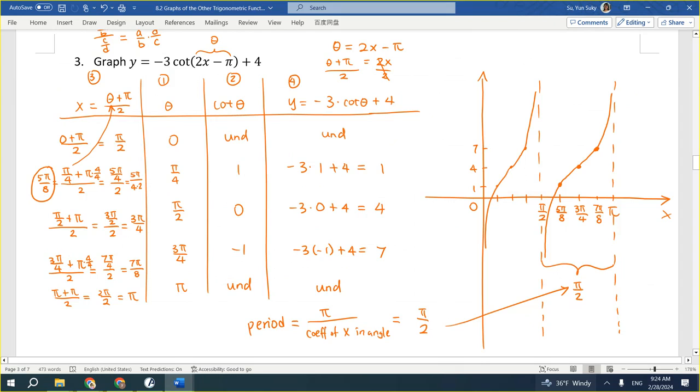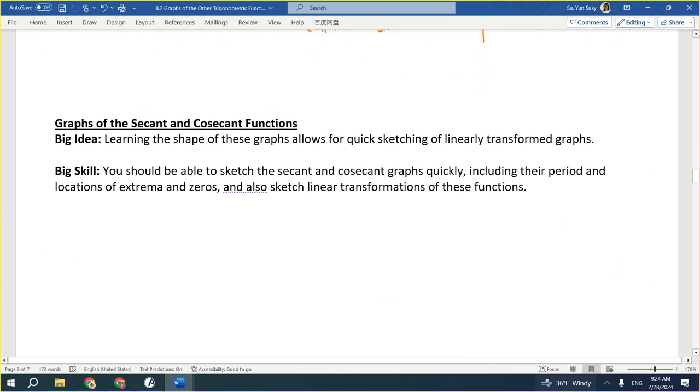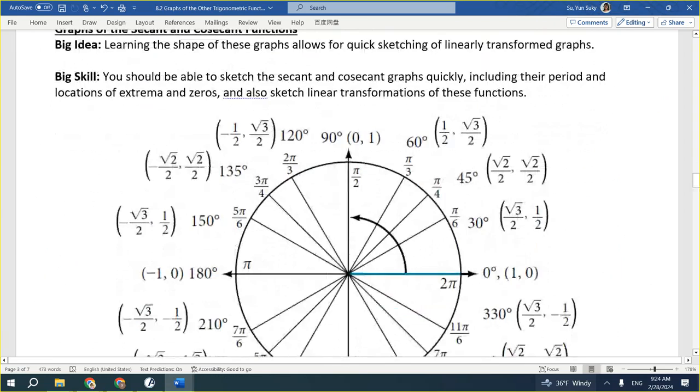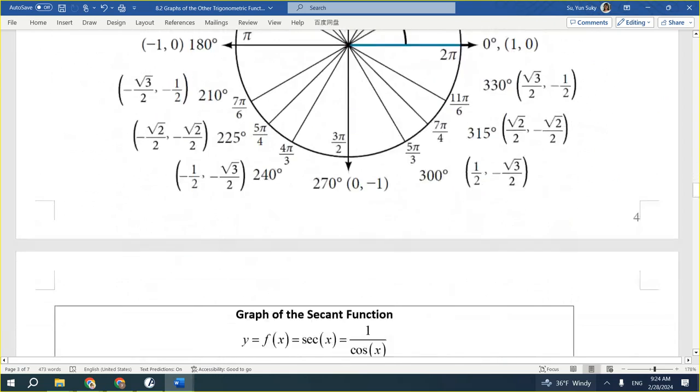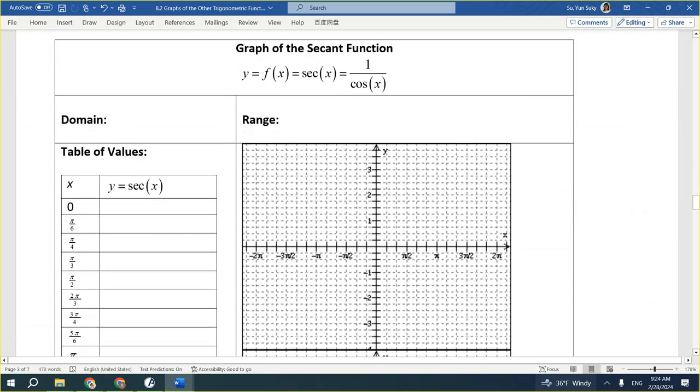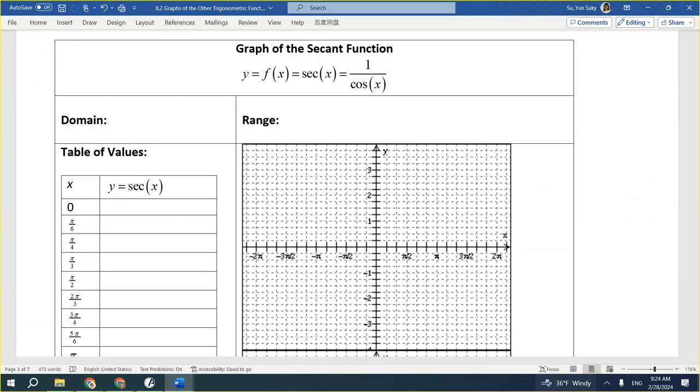All good? Okay, so now, secant and cosecant. So this is the unit circle. Secant, how do we draw secant? Once you know the graph of cosine, you can draw secant. So remember the graph of cosine was what? Yeah, start with 1 and then 0, minus 1, 0, and 1.